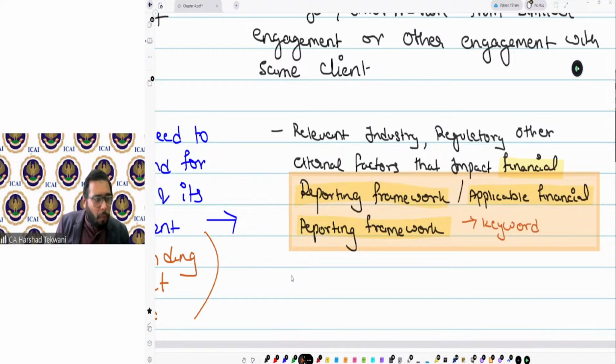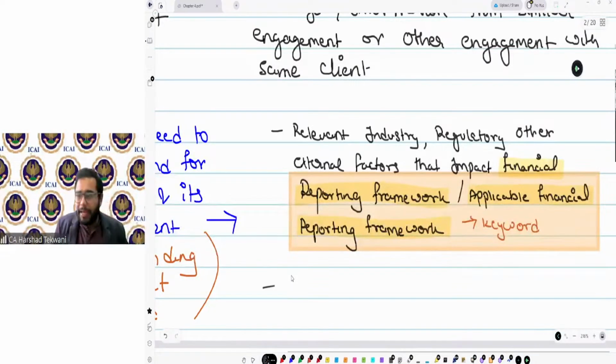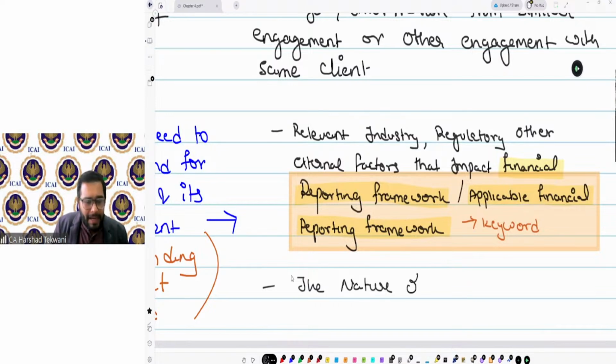Now, what I need to understand with respect to the entity is the nature of the entity, what form of entity it is. Company, limited company, Section 8 company, partnership firm, registered, unregistered, what form it is.